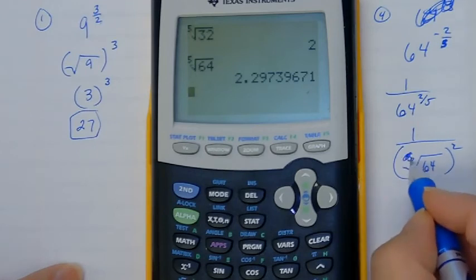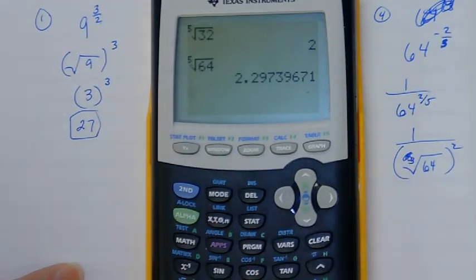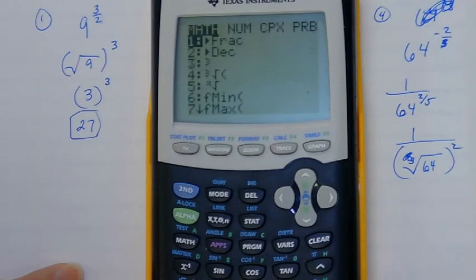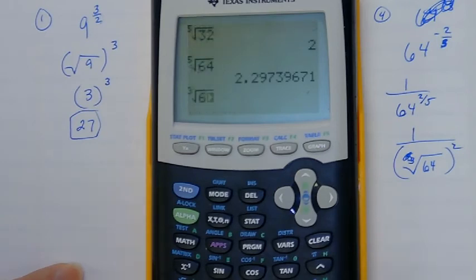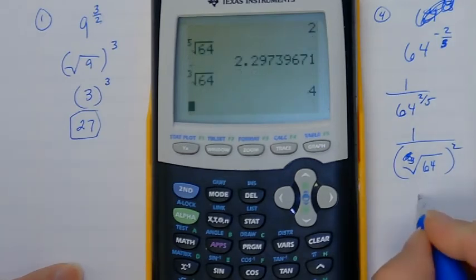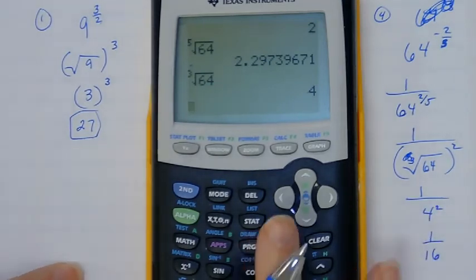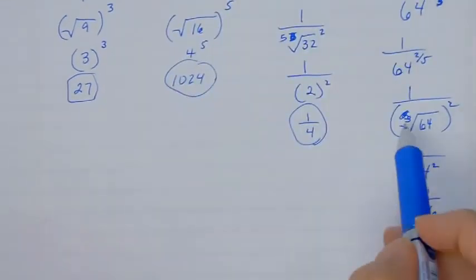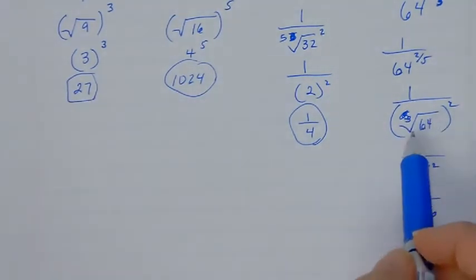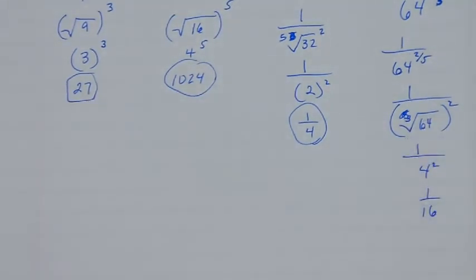So let's go ahead and make that a 3 and do the cube root of 64. So 3 math 5, 64 is 4, and that's one you'll have memorized, and 4 squared is 16. When I had a 5 here, I got a decimal, and in the next lesson I'm going to show you how to fix that, but I don't want to go there yet.